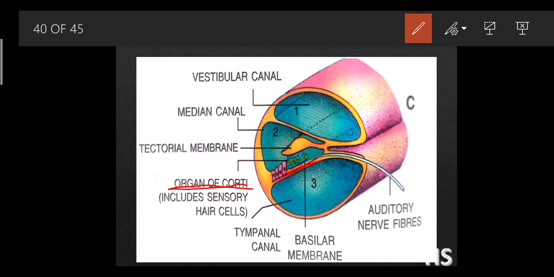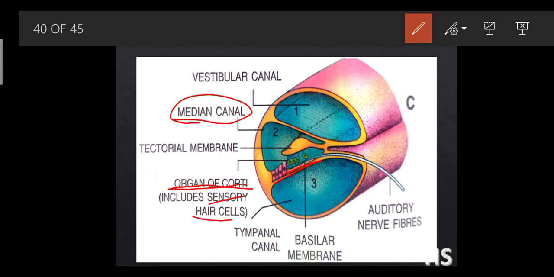What is this organ of Corti? It consists of hair sensory cells, which are present in the median canal and help us in hearing things.